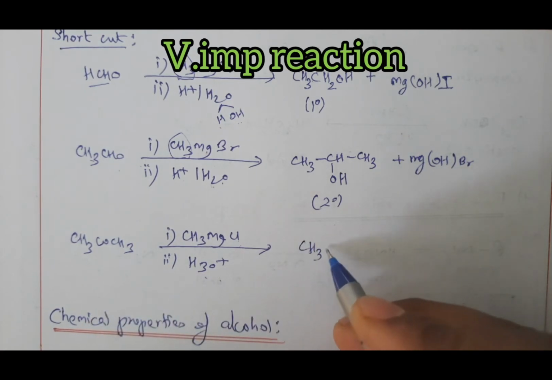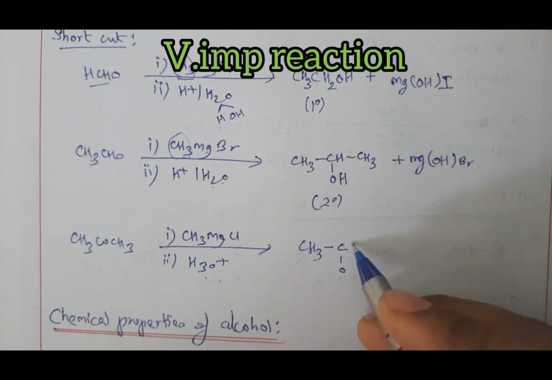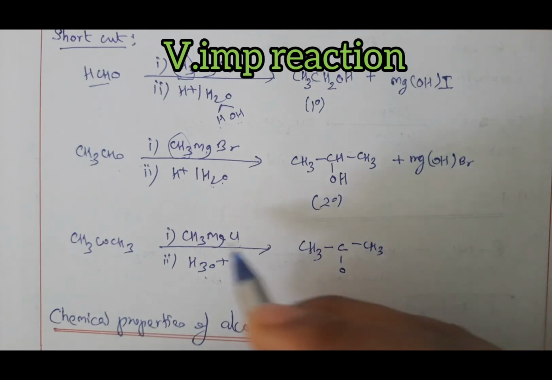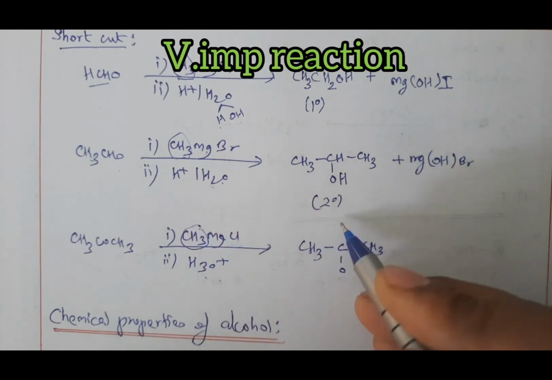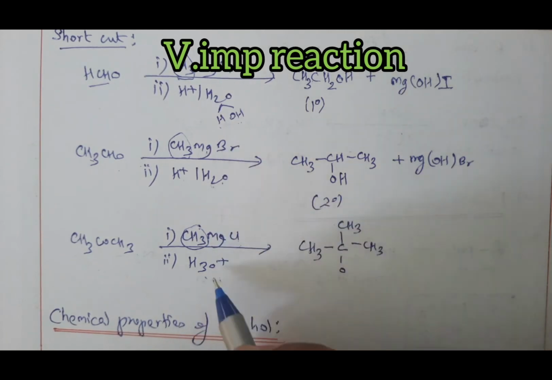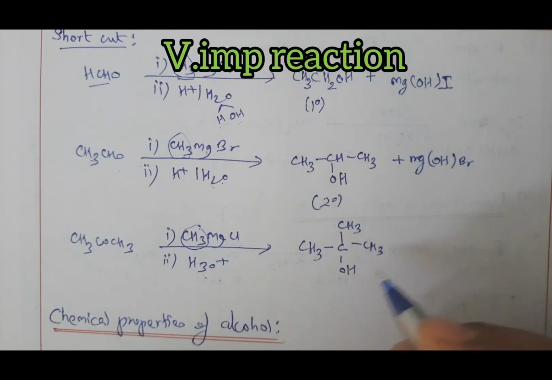Now the third one, this compound is called acetone. So write it like this: CH3COCH3, again with the O dropped down: CH3, C double bond O, CH3. Now to C, who will go from the Grignard reagent? CH3 will go. And from water take H here. From water what is left? OH.